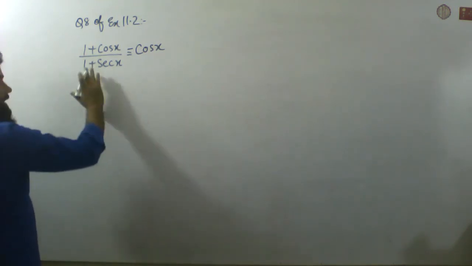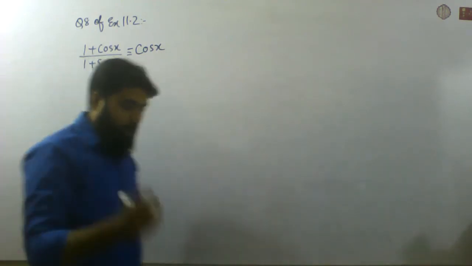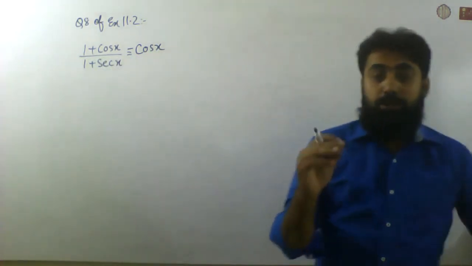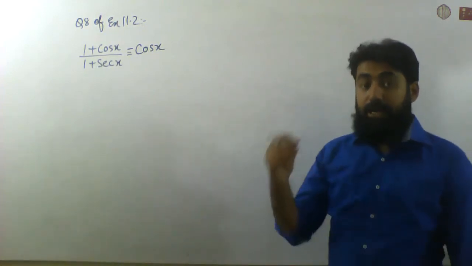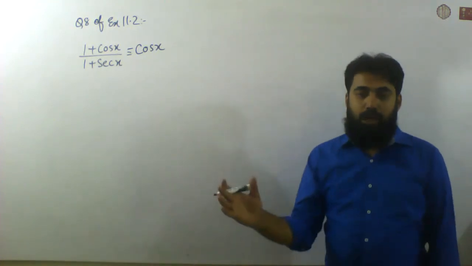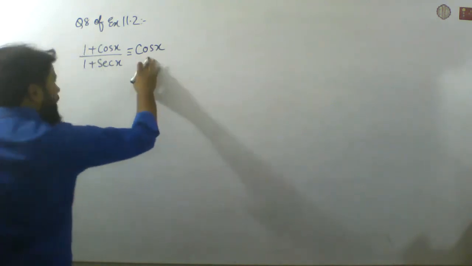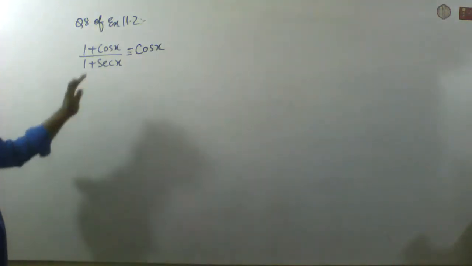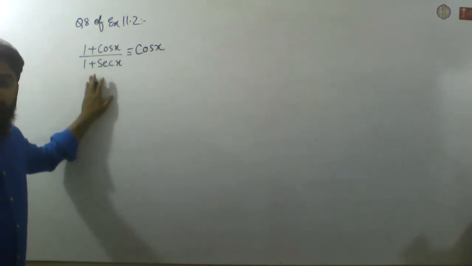So how am I going to do the working? First of all, start from either the left hand side or the right hand side of the identity. The best way to solve it is to take any one side, solve it and make it equal to the other one. I am starting from this side because here I can easily make the changes.